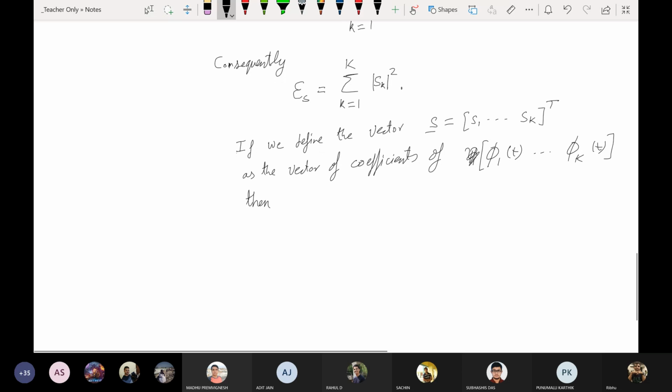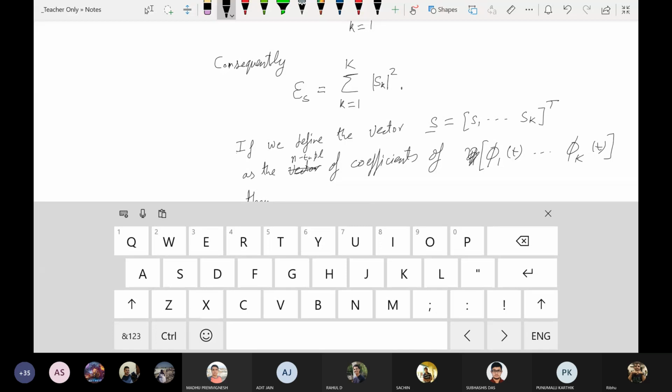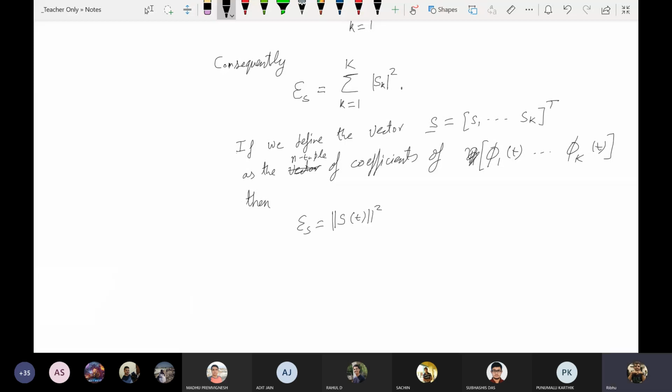Then as the n-tuple. Let's not use the term vector, or rather, let me do it this way, just to clarify the difference.